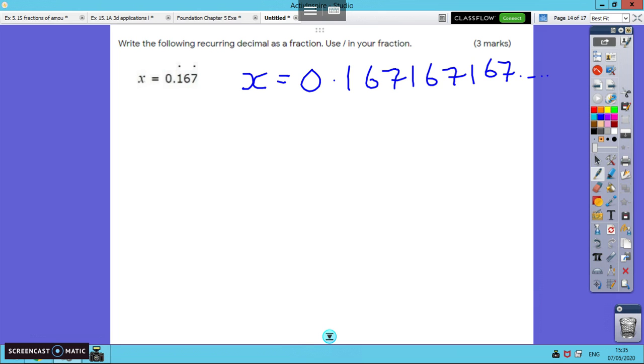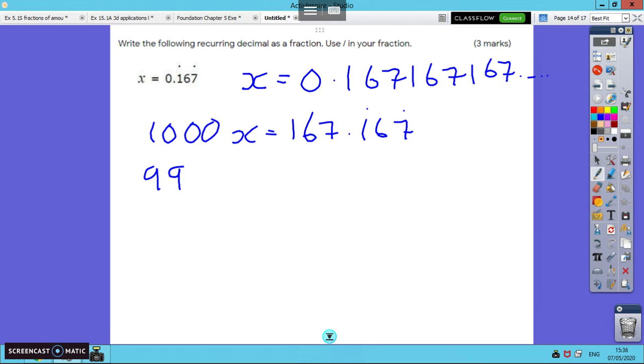So what I would do is multiply it by 1,000. So I've got 1,000x equals 167.167 recurring. I would then take away an x, so I would have 999x is equal to 167, because your recurring part drops off because you've taken away that x.